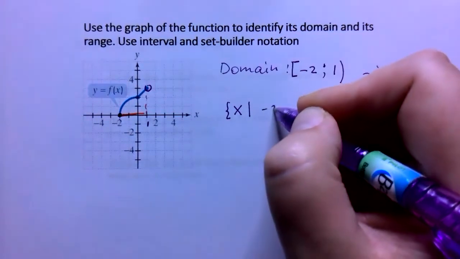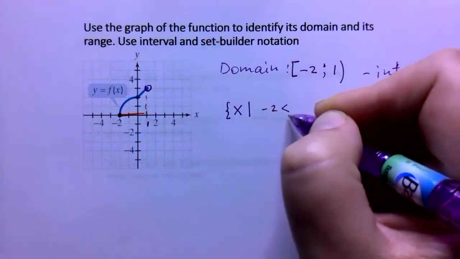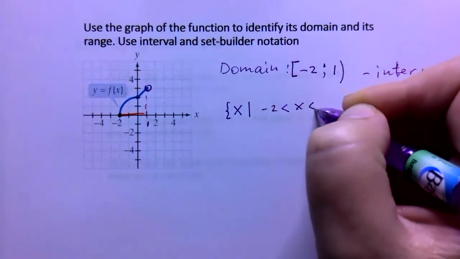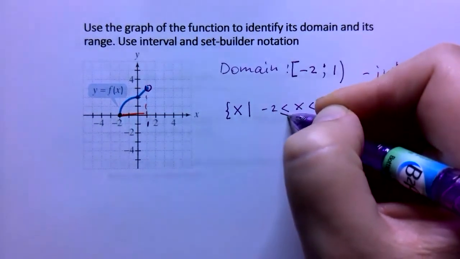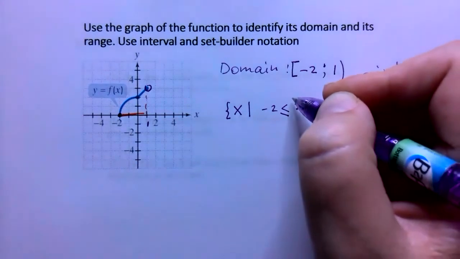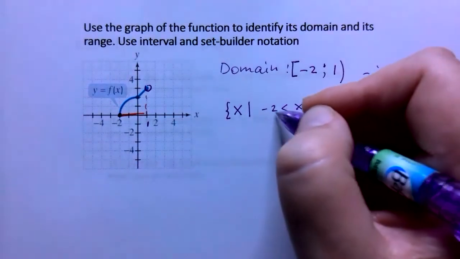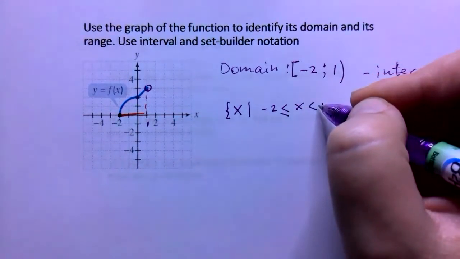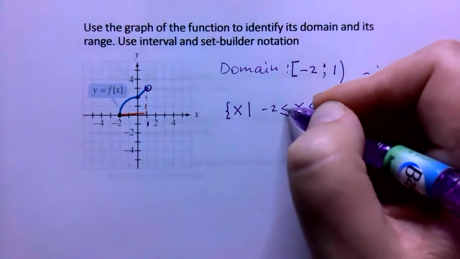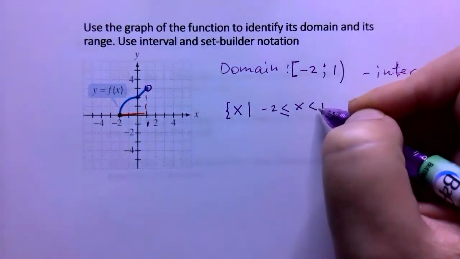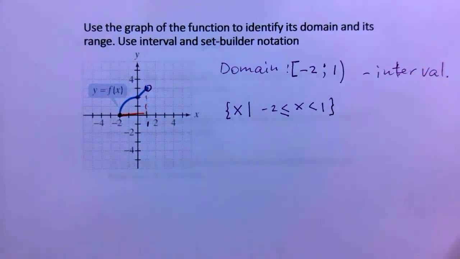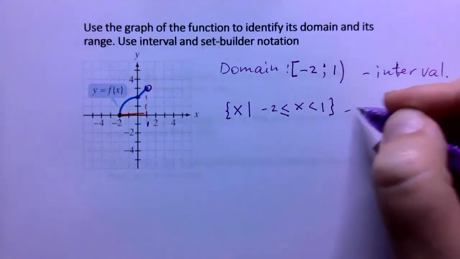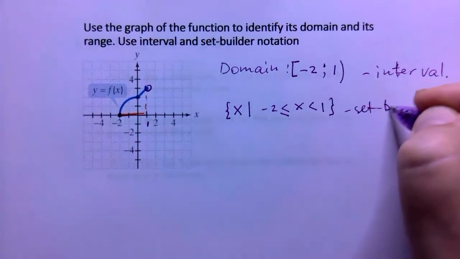Your x is between -2 and 1, and since we're including -2, we put the equal sign as well. So x is greater than or equal to -2, but it is less than 1 at the same time, and then you close the braces. So this is your set builder notation.